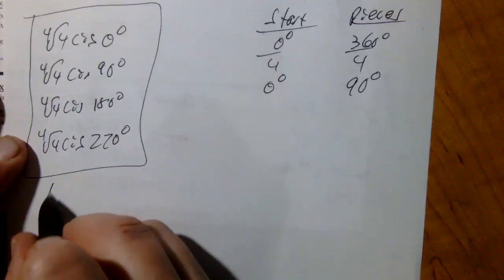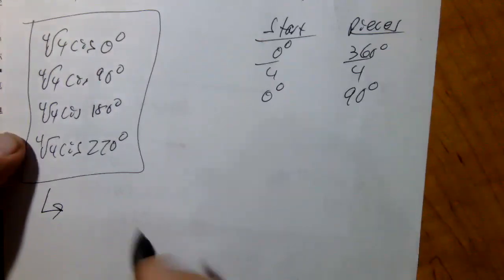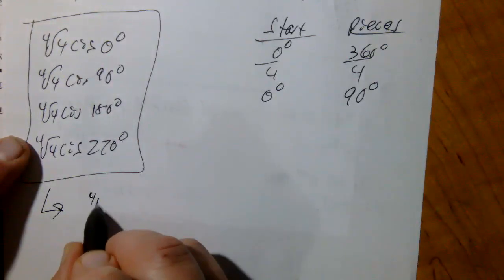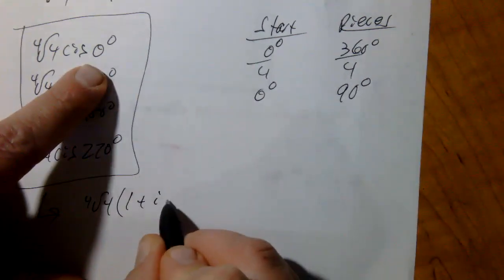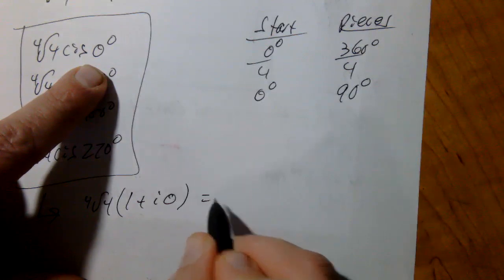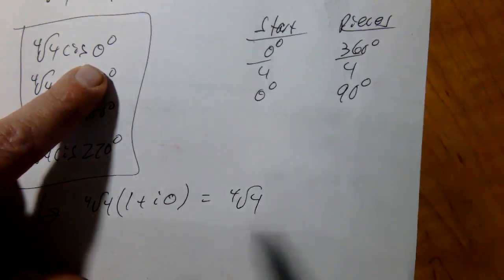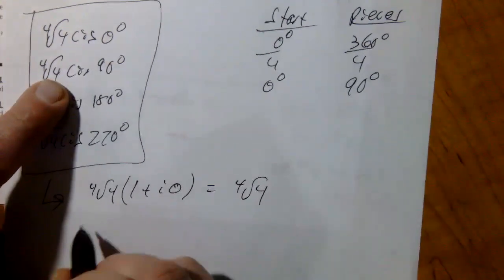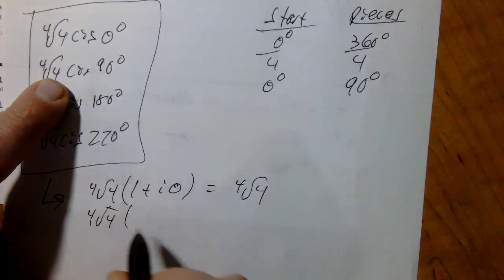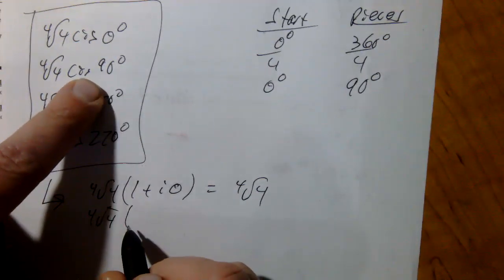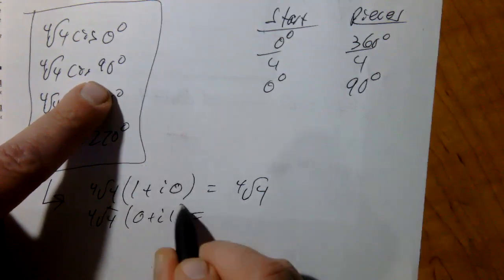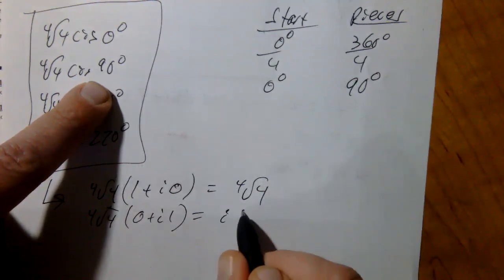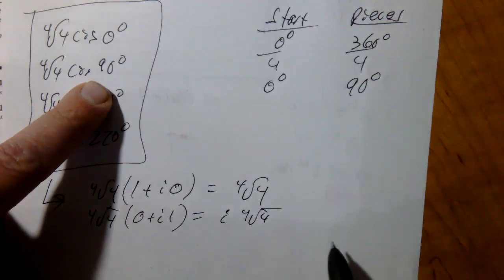Then if you wanted to, you could switch back to rectangular form, right? So the fourth root of 4 times the cosine of 0, which is 1, and then the sine of 0 is 0. So basically this is the fourth root of 4. That's the nice one, okay? Then we want the fourth root of 4 times cosine of 90 degrees, which is 0, plus the sine of 90 degrees, which is 1. So this would basically be i times the fourth root of 4.